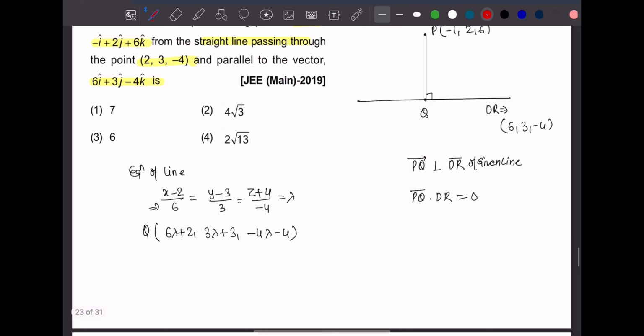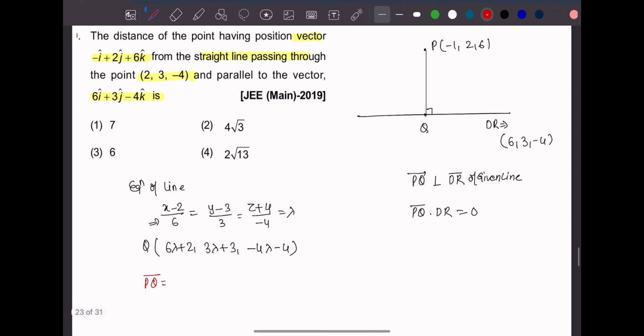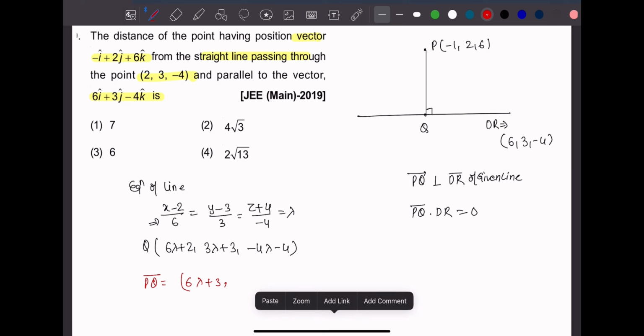PQ vector first we will find, which means Q minus P: 6 lambda plus 3, 3 lambda plus 3 minus 2, which means 3 lambda plus 1, minus 4 lambda minus 4 minus 6, which means minus 4 lambda minus 10 we are getting.